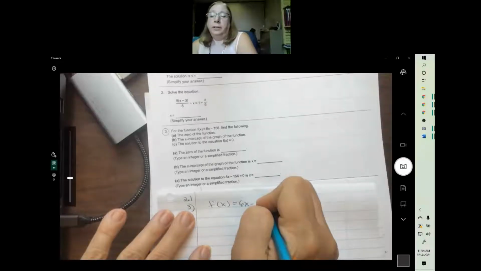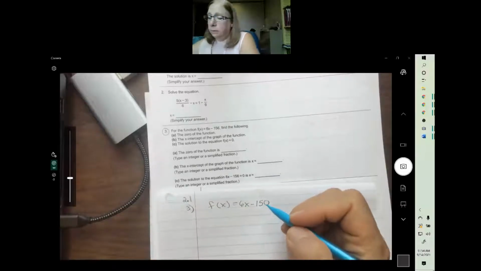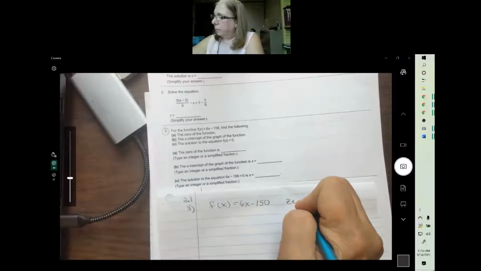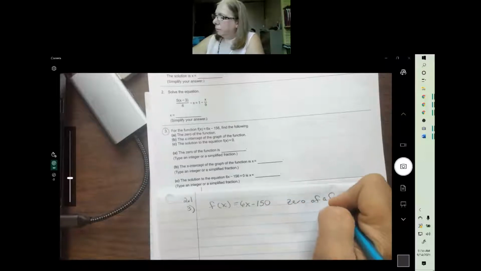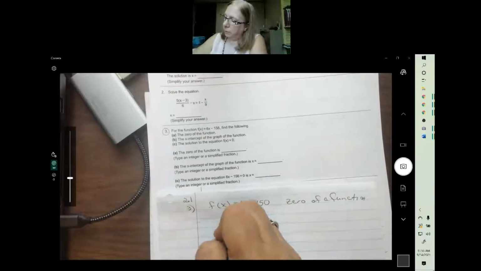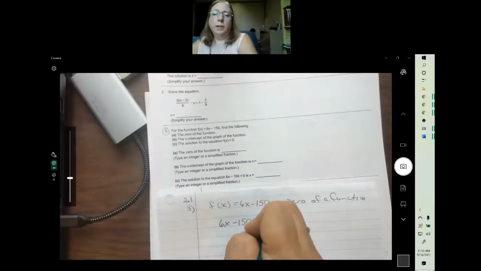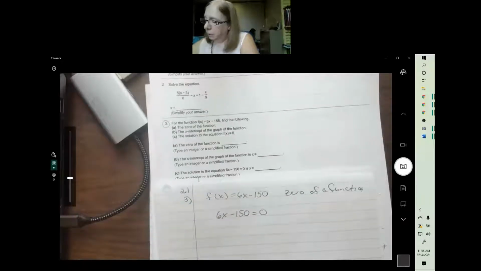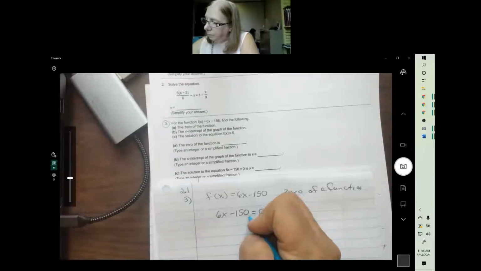The 0 of a function, you set the function equal to 0. So 6x minus 150 equals 0. Just set it equal to 0 and solve. Add the 150.